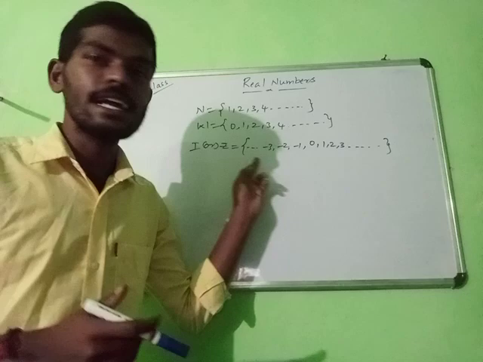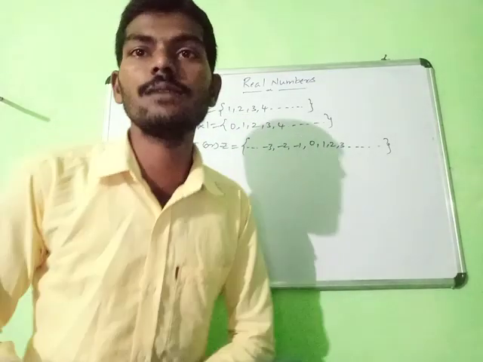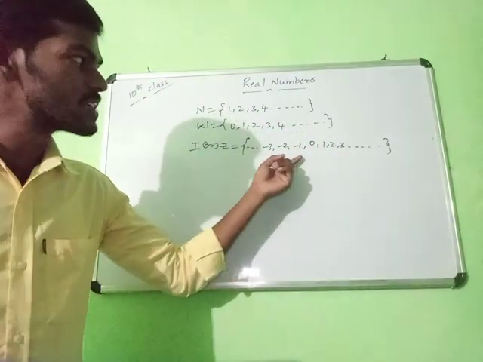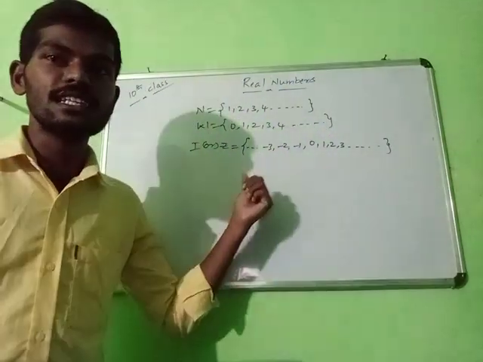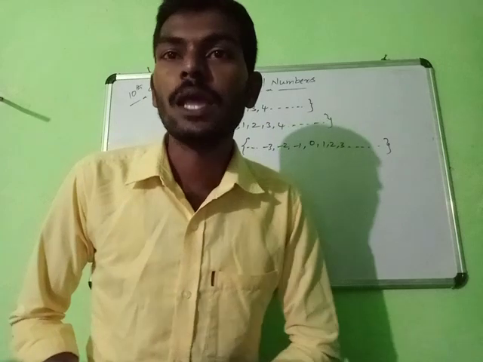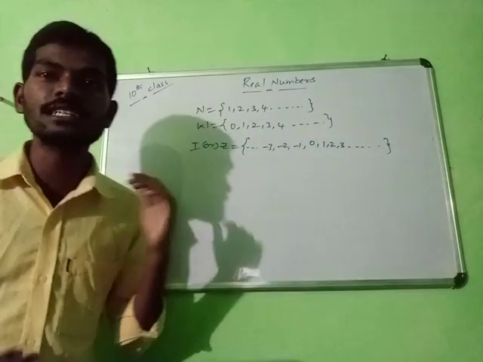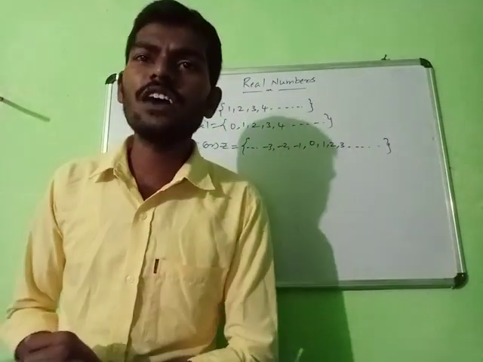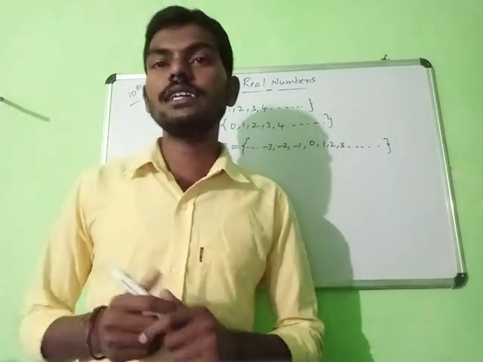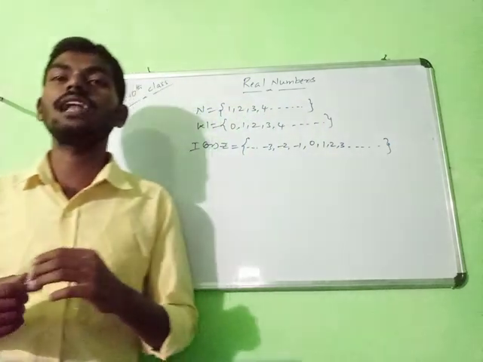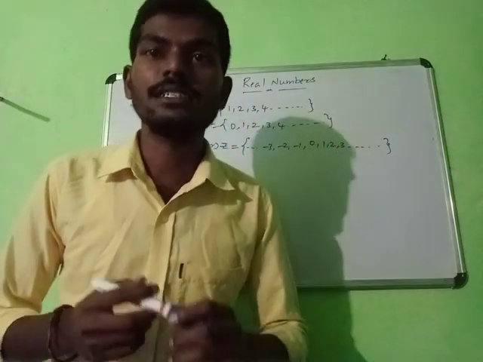These are negative integers, from minus infinity to minus 1. From 0 to plus infinity are whole numbers. So what are integers? The set of whole numbers along with negative integers are called integers. It is denoted by the capital letter I or Z.